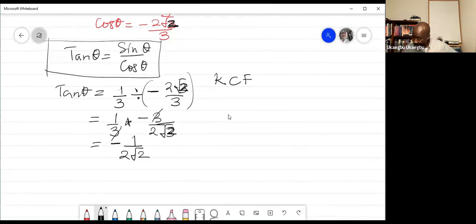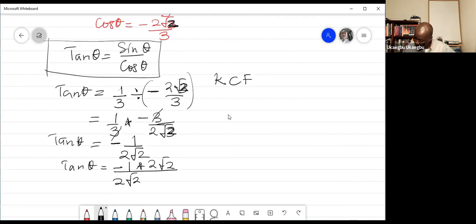If you get a radical on the denominator, then you must rationalize the denominator. So tan theta is negative 1 multiplied by 2 square root of 2, divided by 2 square root of 2 multiplied by 2 square root of 2.